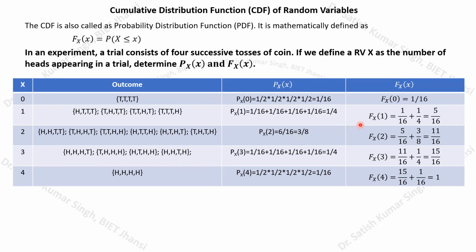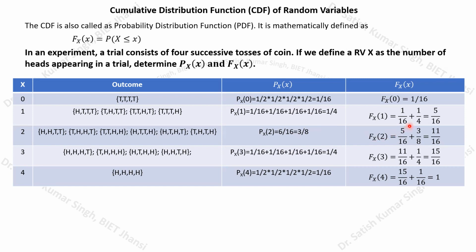Here we have to again consider the cumulative distribution function. If we calculate F(1), it means the probability that this random variable will take a value less than or equal to 1. So it will be F(0), which is 1 by 16, plus the probability of getting one head, which is 1 by 4.